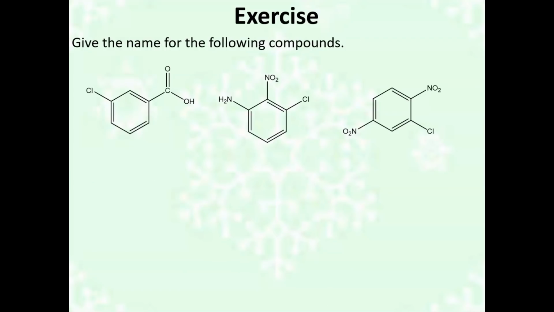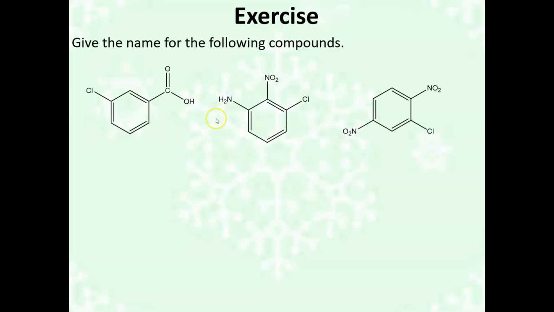Next exercise, give the name for the following compounds. The first one is a benzene ring with Cl and COOH. Is there any new parent name? Yes, with COOH it is called benzoic acid.